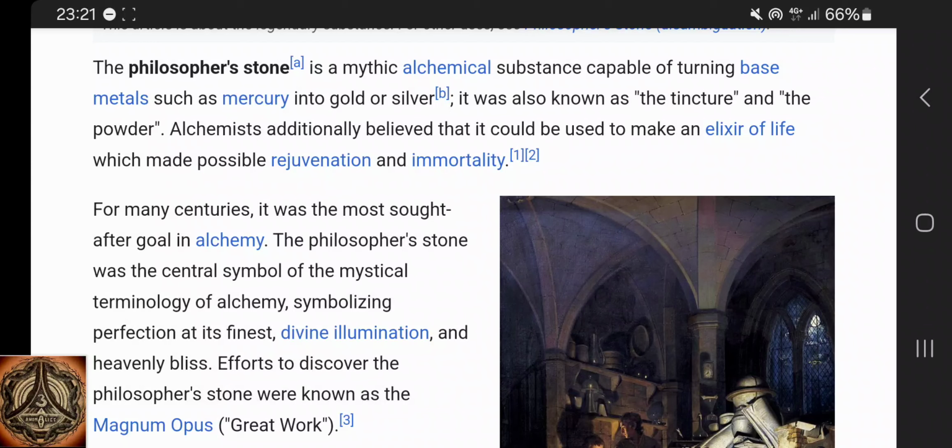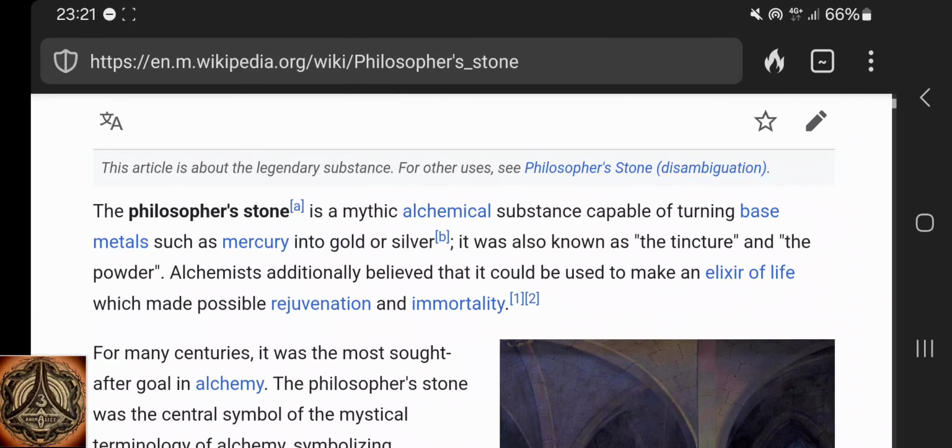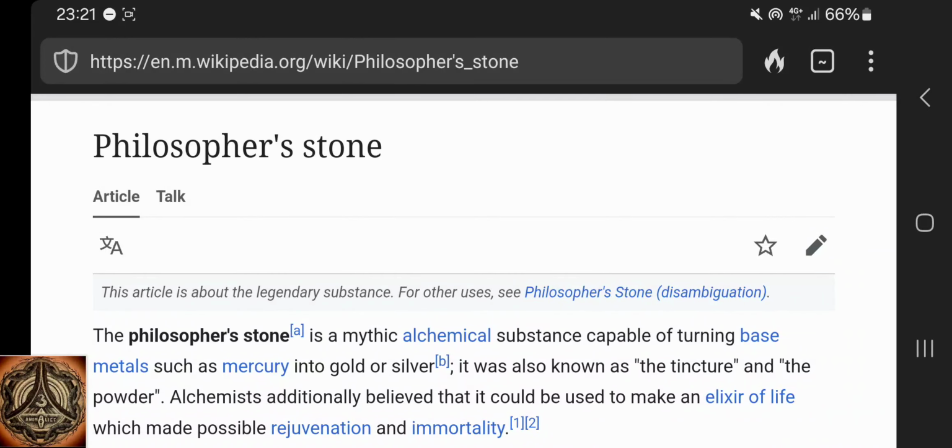The philosopher's stone was the central symbol of the mystical terminology of alchemy, symbolizing perfection at its finest, divine illumination, and heavenly bliss. Efforts to discover the philosopher's stone were known as the magnum opus. Great work, yes. So, obviously, there is a whole lot of work about it, what it is, and no one knows still.